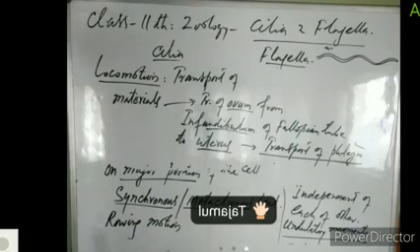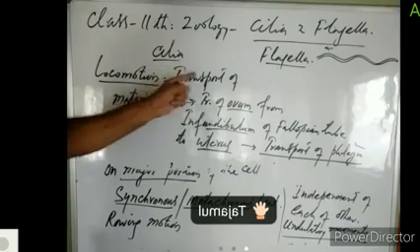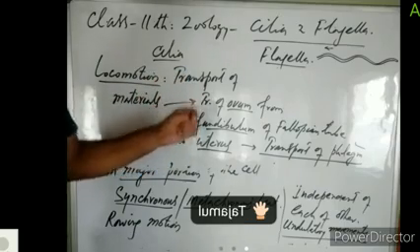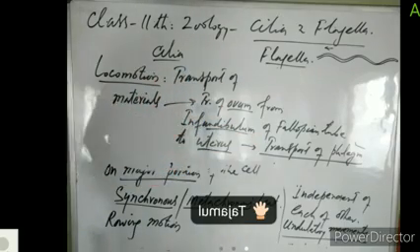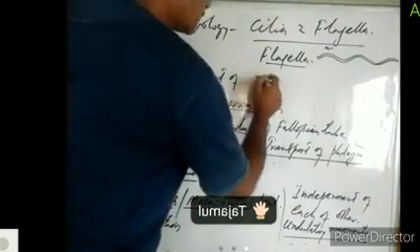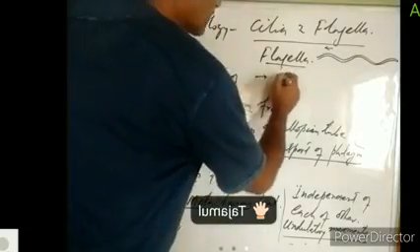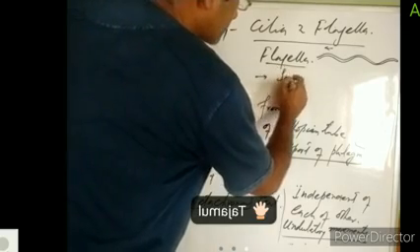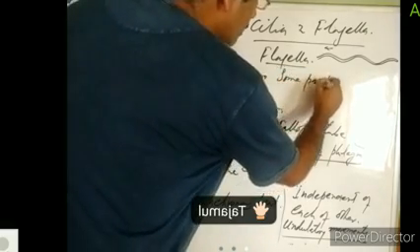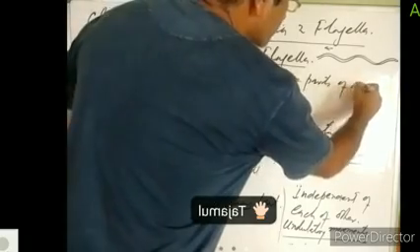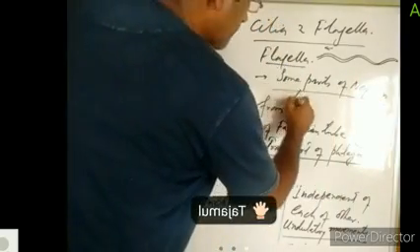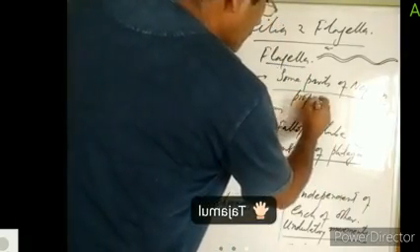So cilia are involved in locomotion. They are involved in transport of materials, like transport of foam, like transport of phlegm. Cilia are also found in some parts of the nephron, where they propel the glomerular filtrate.